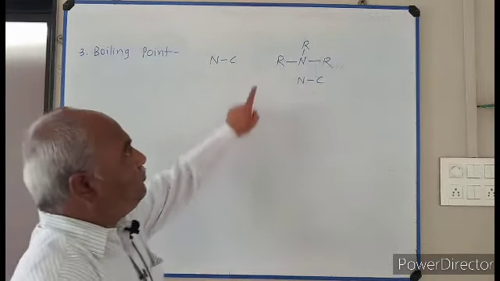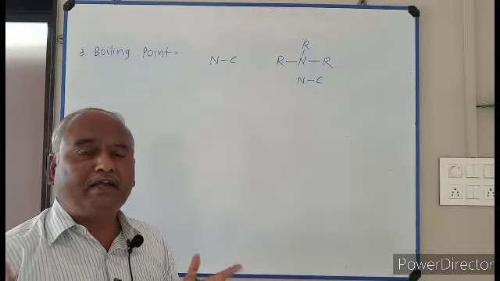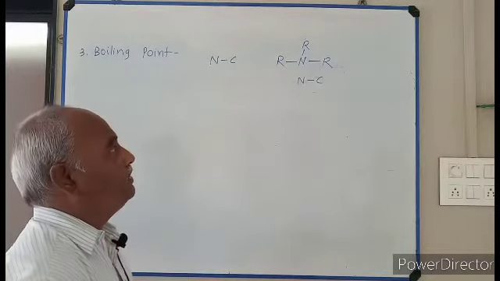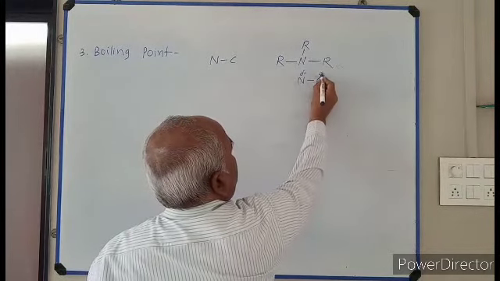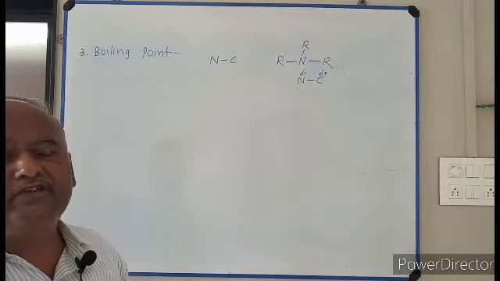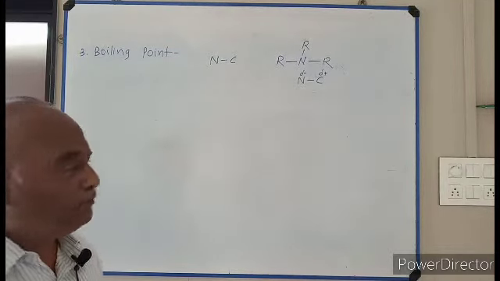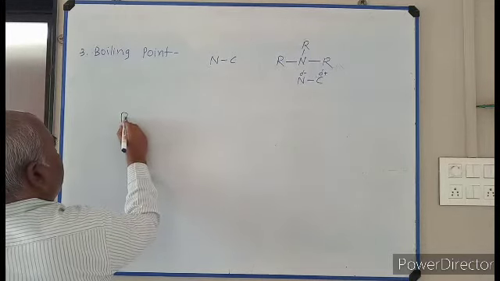Therefore, in tertiary amine, dipole-dipole attractions are present. This is delta negative, this is delta positive. Dipole-dipole interactions are present.